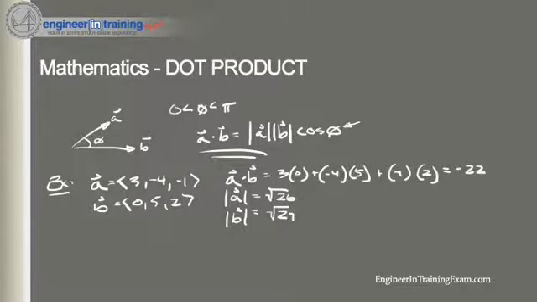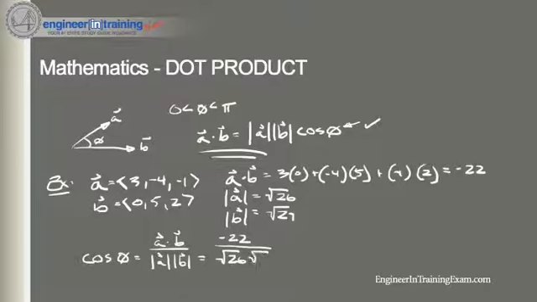but I just wanted to speed this review up because I'm sure you don't want me to waste your time with that. So now that we have all this information, we can just simply plug it into our formula here. Rearranging, cosine theta is equal to A dot B divided by the magnitude of A times the magnitude of B, which is negative 22 divided by the square root of 26 times the square root of 29, which is equal to negative 0.801.